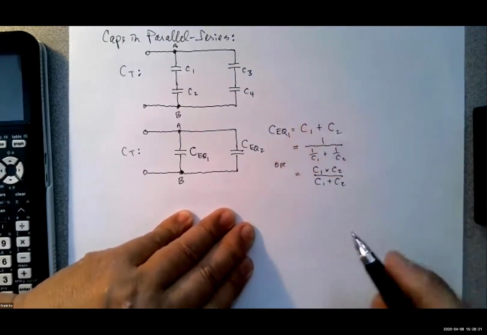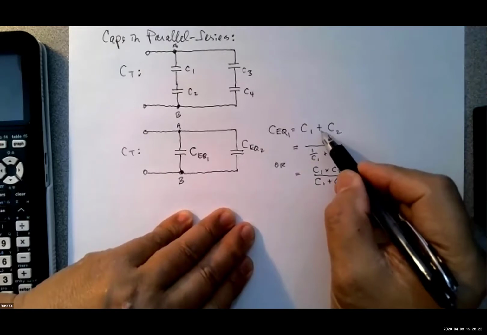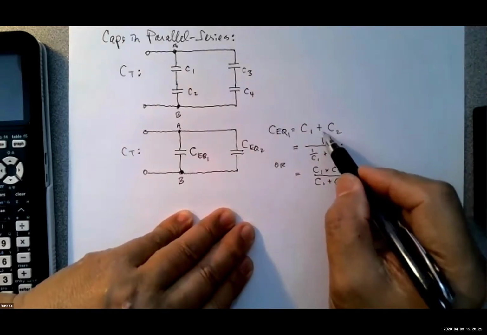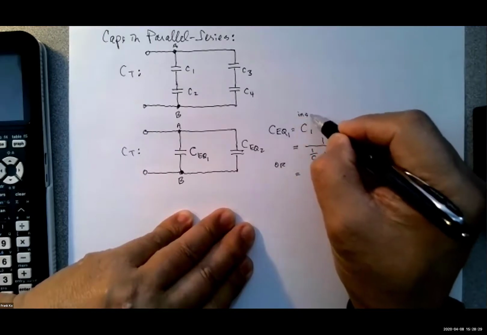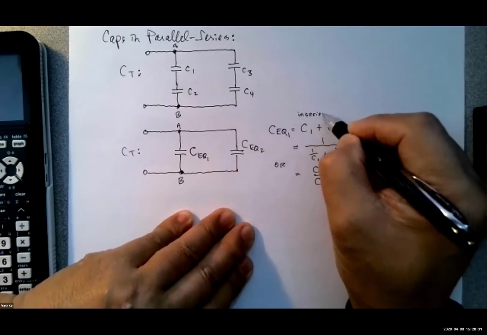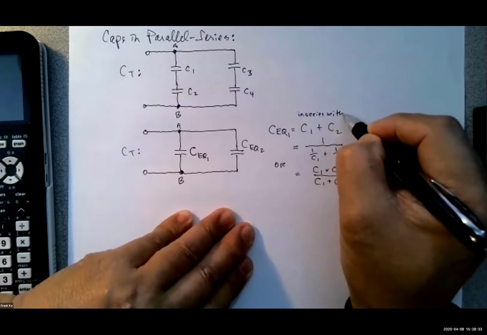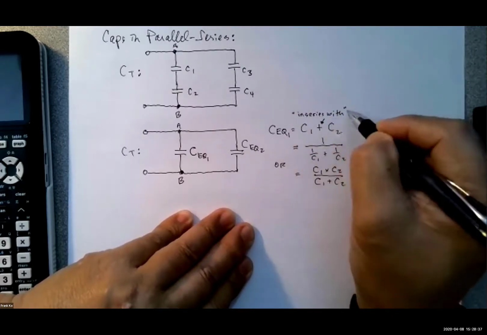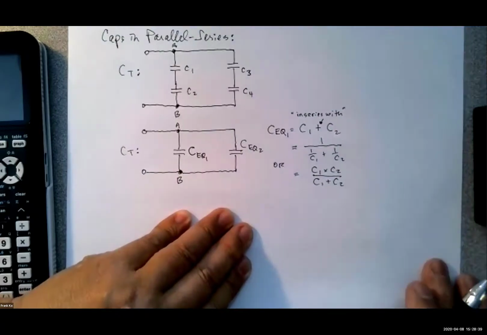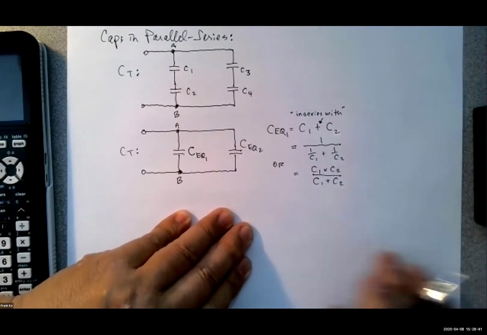So whichever method we use, this plus is not an addition symbol. This simply means in series with. That's what that plus represents. We're not going to use it for addition. It means from an equation standpoint, they are in series.